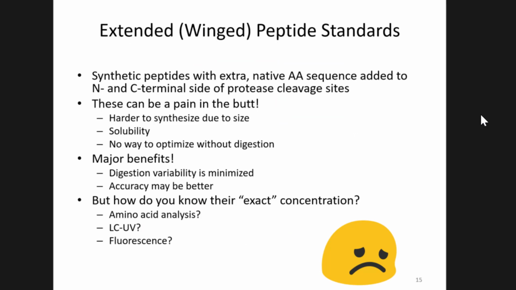So winged peptides were this project that I undertook when I was at the Broad, and it was just really complicated. We had a bunch of light proteins and we had a bunch of heavy synthetic tryptic peptide standards, fully tryptic.